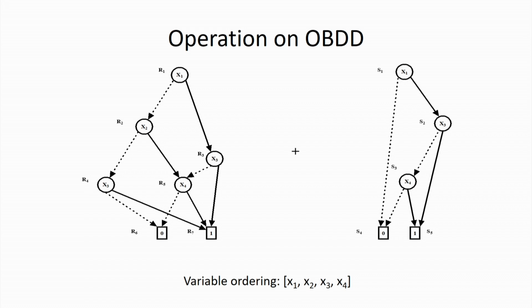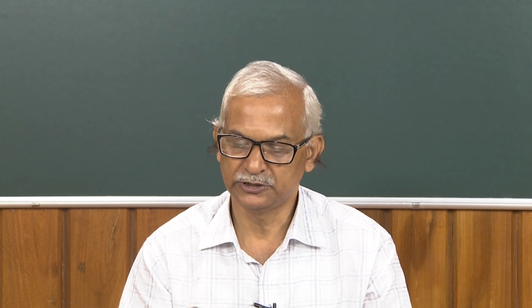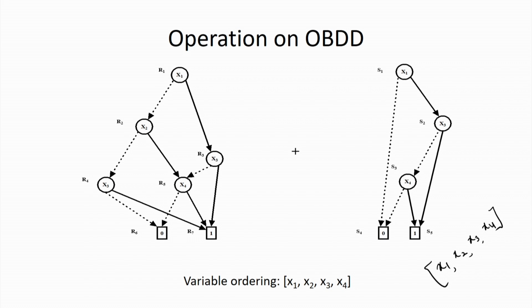Now, this is a simple example you may work with; I am just giving the idea. Say here we have two BDDs, BDD 1 and BDD 2, with variables x1, x2, x3, x4, and the variable ordering is also x1, x2, x3, x4. Both have the compatible variable ordering, since both functions are based on the variables x1, x2, x3, x4.